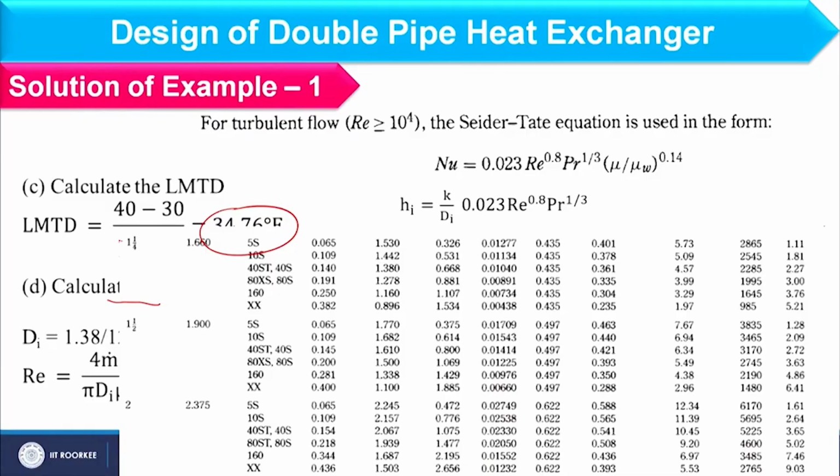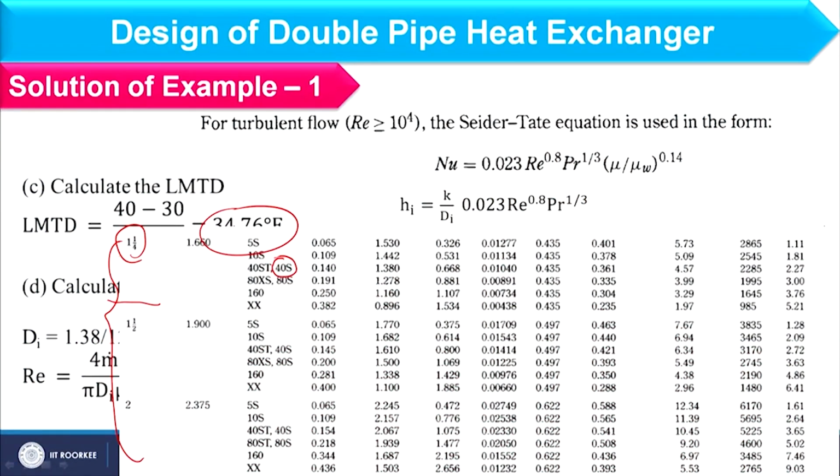So, let us discuss table B2. What is given over here? This is a part of table B2. Details of this table we have already discussed in the last lecture. Here I have 1.25 as nominal diameter, the first column. The second column corresponds to the outer diameter, that is 1.66. Now, what we have to find is the inner diameter of the inner pipe, and that should correspond to schedule number 40.